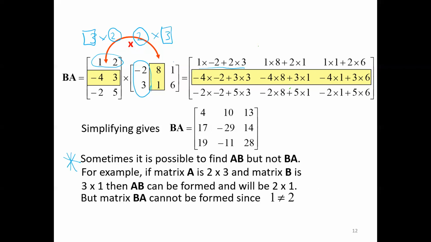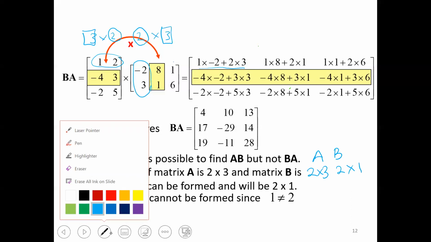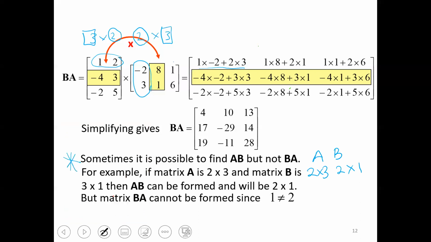For example, if A is 2 by 3 and B is 3 by 1, then the two numbers in the middle are the same. But if they were not the same, as 3 is not the same as 2, then we can't multiply.